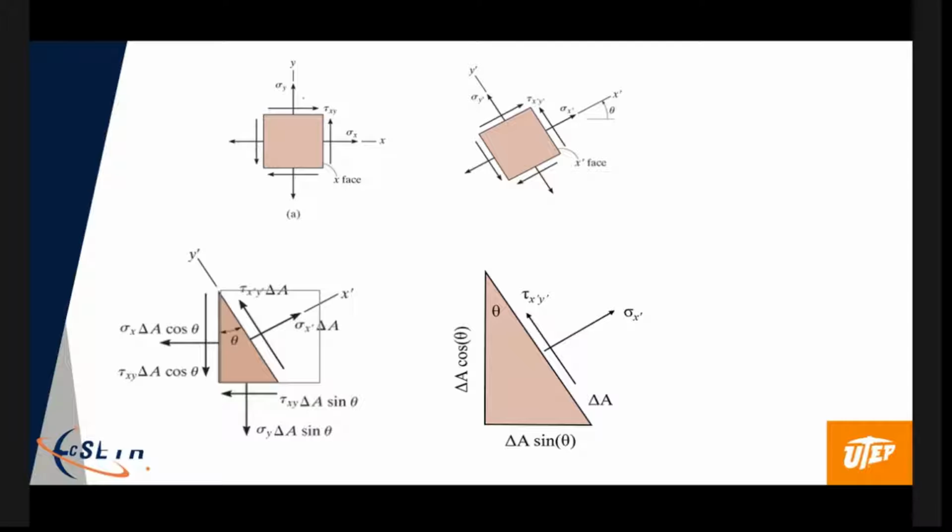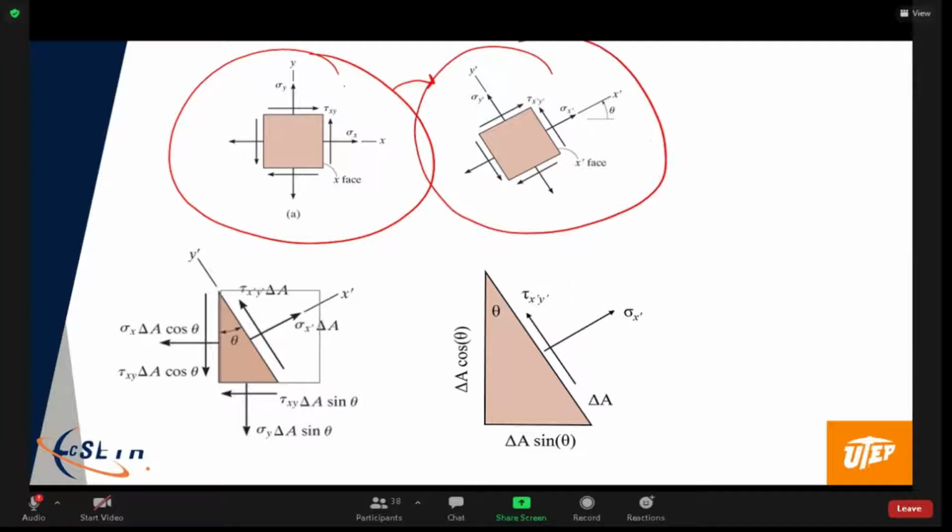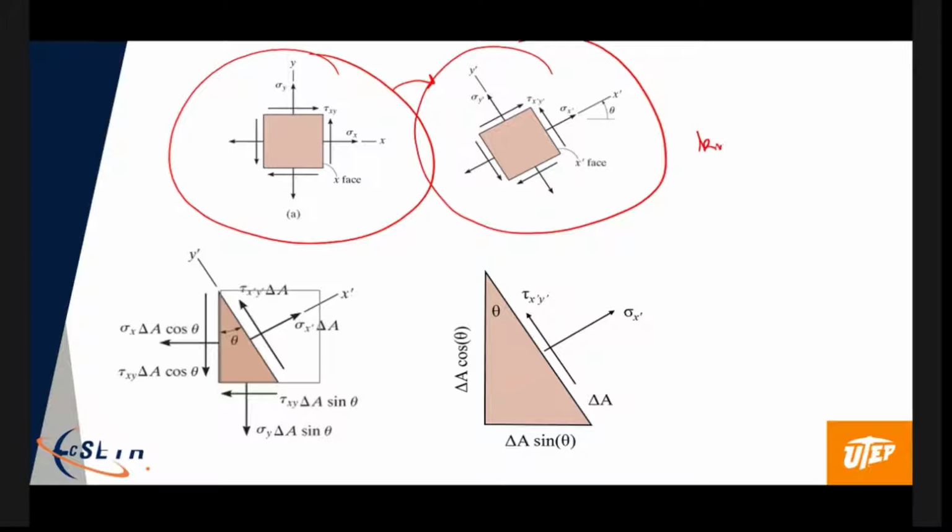So if we looked at this state of stress, and we knew all the components here, let's say you now want to get the components in this other state of stress. So you know sigma x, sigma y, and tau xy, and you're given this angle theta, the new orientation of the coordinate system.